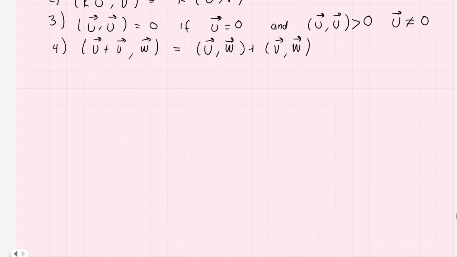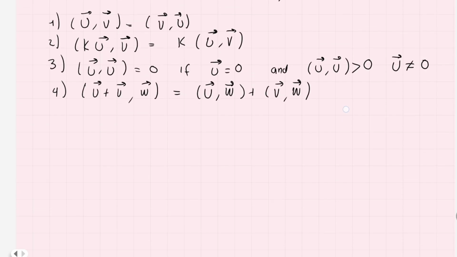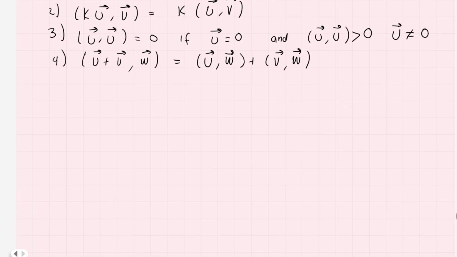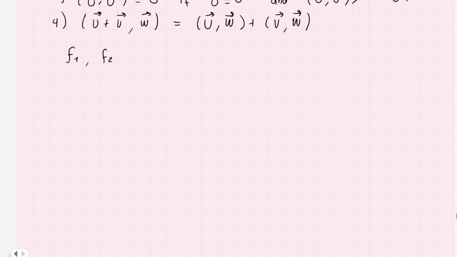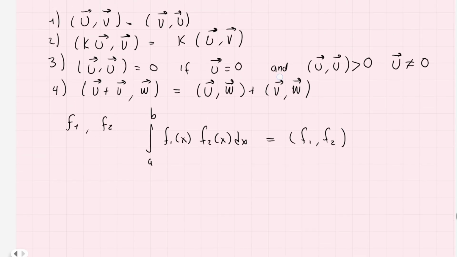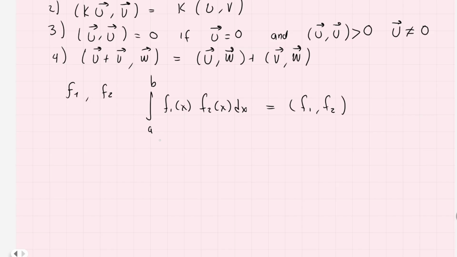We can generalize this if we define the inner product of two scalar functions, for example f1 and f2, as the integral from a to b of f1 of x times f2 of x dx. You can verify that these properties remain the same if we define the inner product in this way.